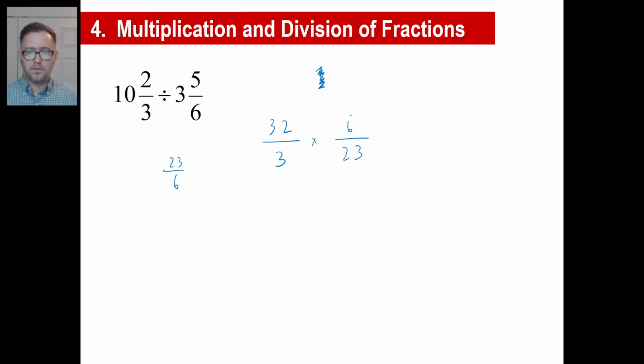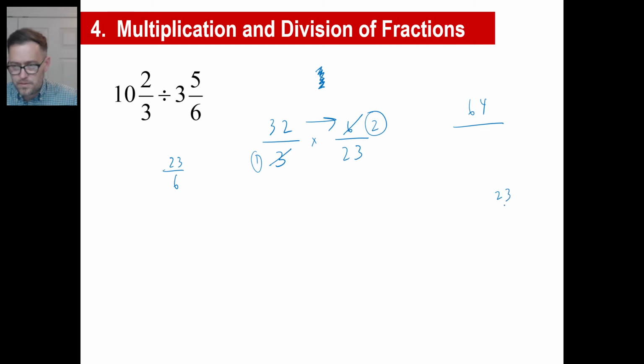Okay. And I would look at this and go, okay, 6 and 3, that's just going to be a 1, and that'll be a 2. So 32 times 2 is 64. 1 times 23 is 23, and 1 times 2.